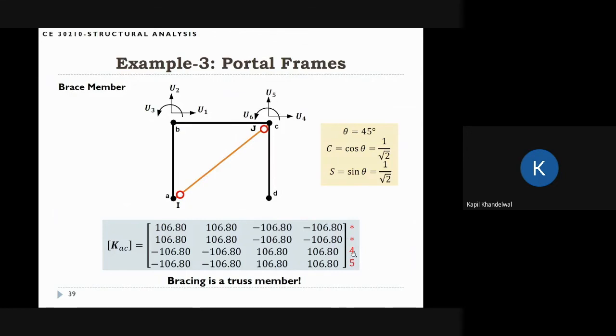So I just put UJ is 4 and VJ is 5. We are interested in only this 2x2 block, because this is what we'll get in the KFF matrix. And always remember, bracing is just a truss member, so this is a truss element stiffness matrix.